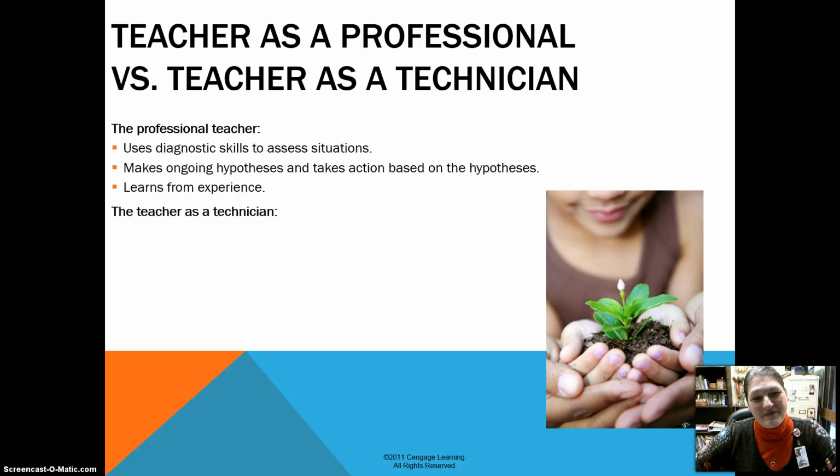Now, if you think about yourself as a technician, that is when you respond in predetermined ways. If a child does this, then this will happen. An example would be if a child runs in the classroom, then they automatically go to timeout. This is an inflexible way of thinking.